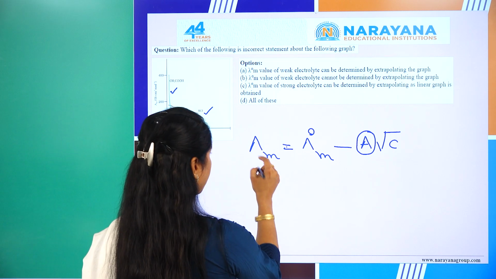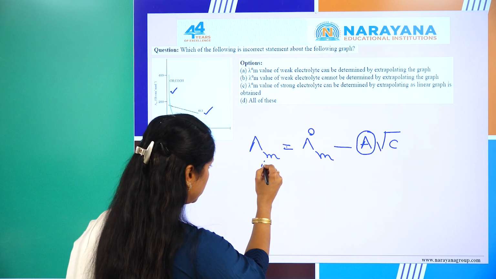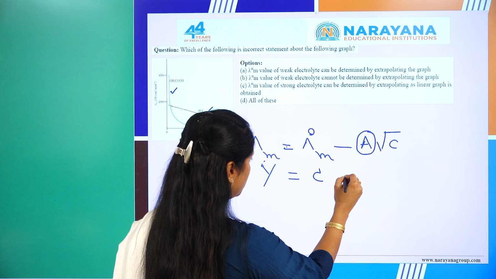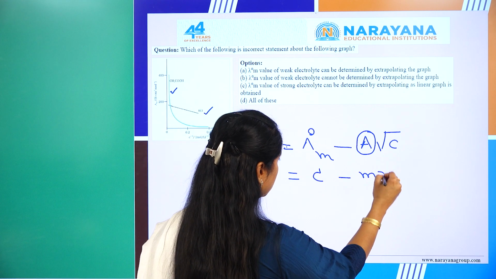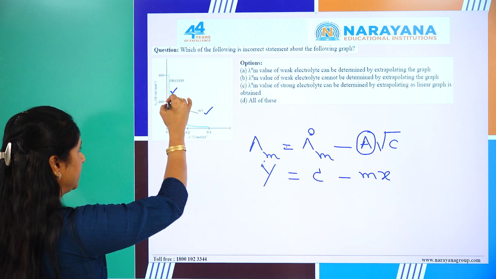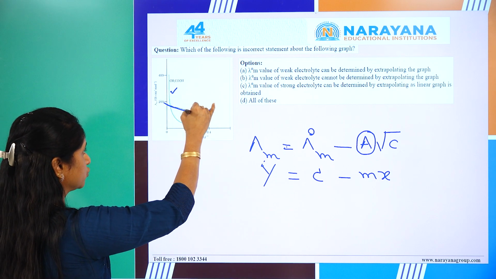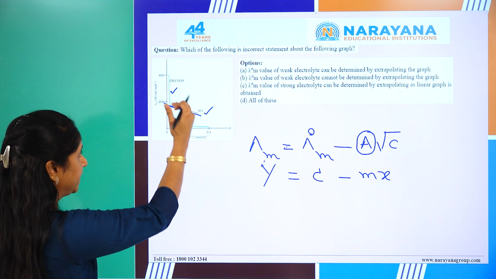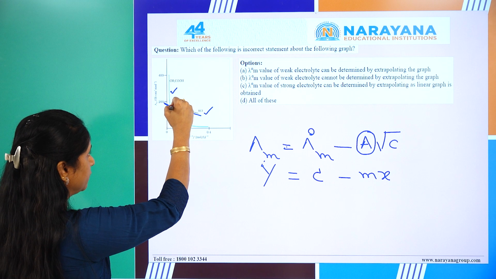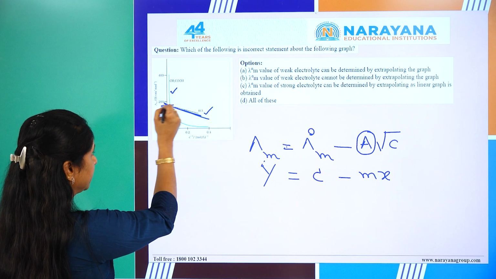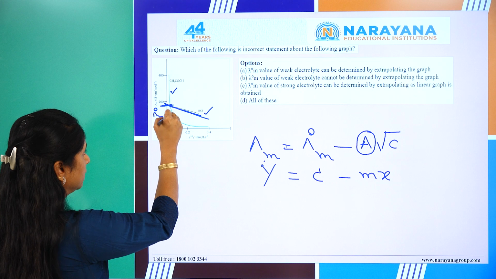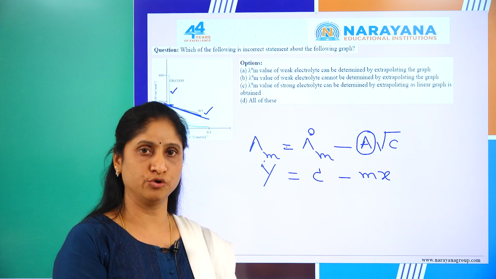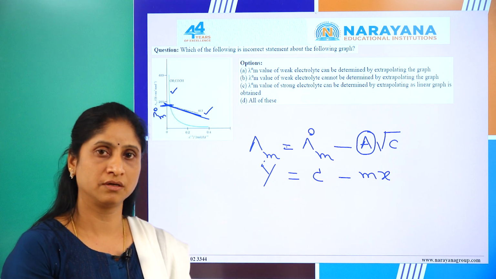If I plot molar conductance versus square root of concentration, it has the form y equals minus mx plus c, a straight line making an intercept with the y-axis but with a negative slope, a linear relationship. By extrapolating this line to the y-axis, where it touches the axis, I can get the limiting molar conductance.